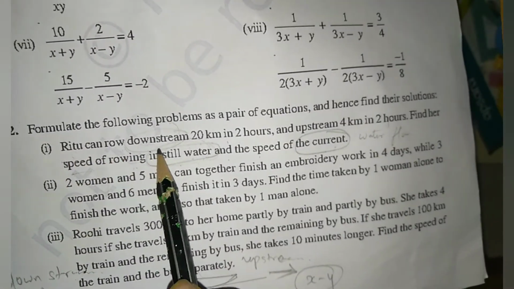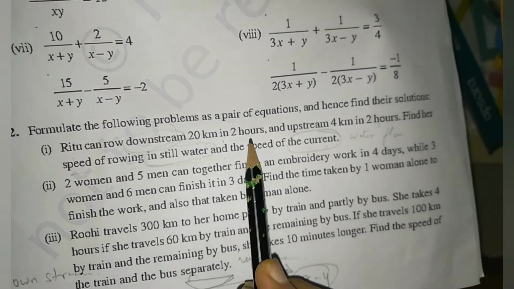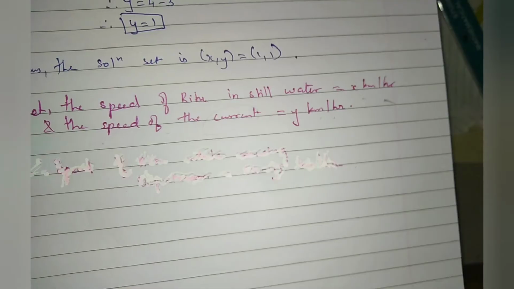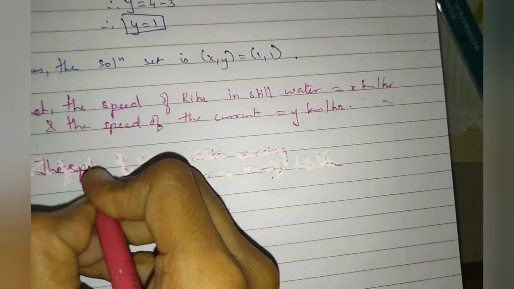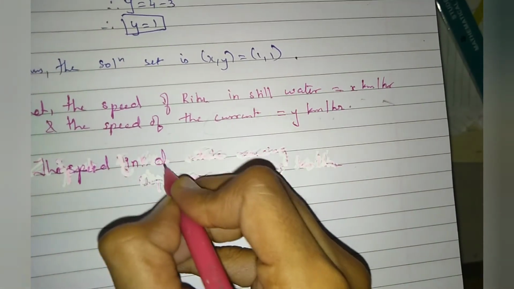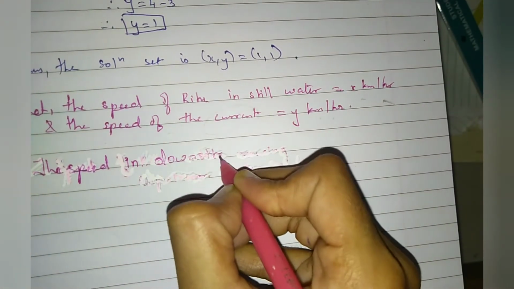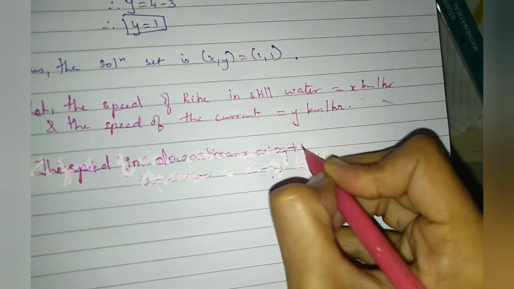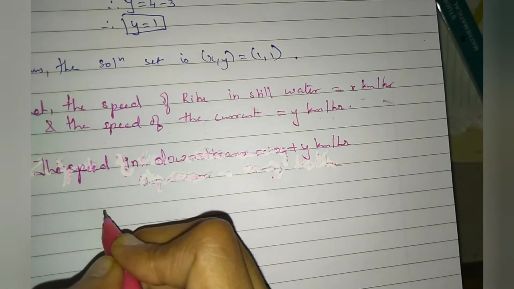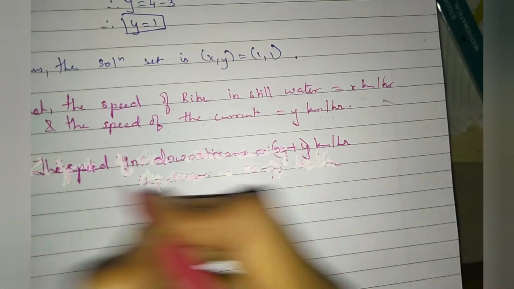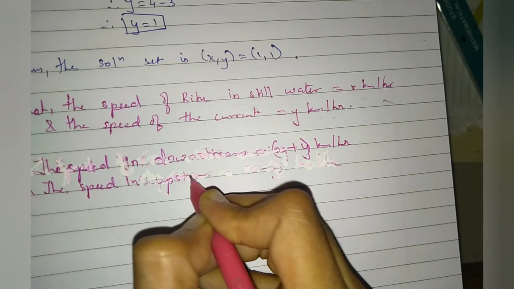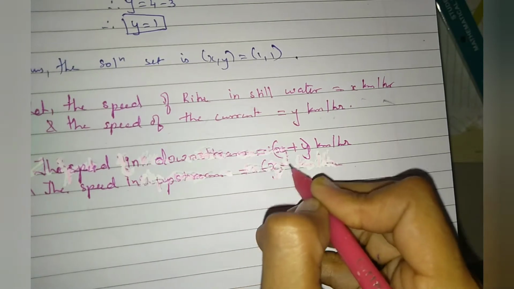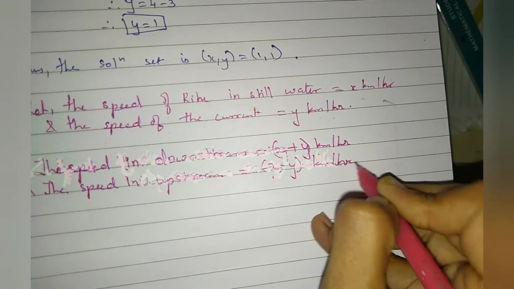Okay, now it is given that Ritu can row downstream 20 km in 2 hours. So how can we write this? First of all, we have to suppose that the speed in downstream equals x plus y km/h and the speed in upstream equals x minus y km/h.